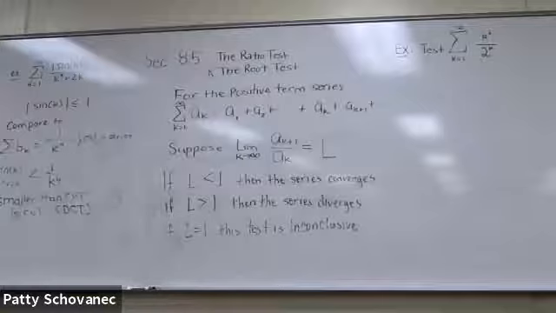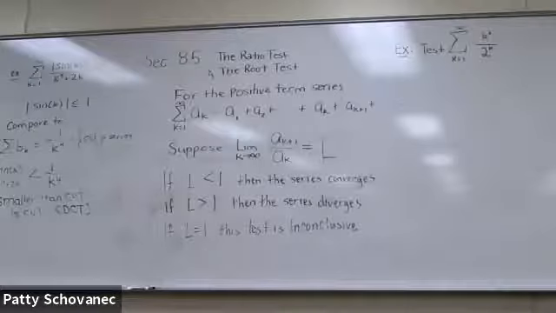If it weren't for that k squared term up there, it would behave like a geometric series. So it looks like it's behaving like a geometric series, and I'm tempted to think that this is going to converge. But I'm going to show you how to use this ratio test to show that it converges.